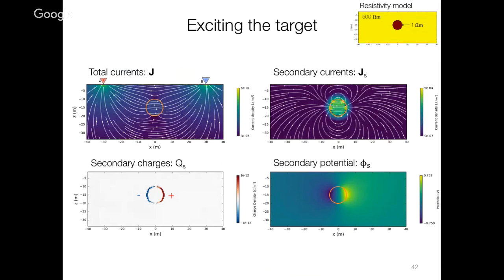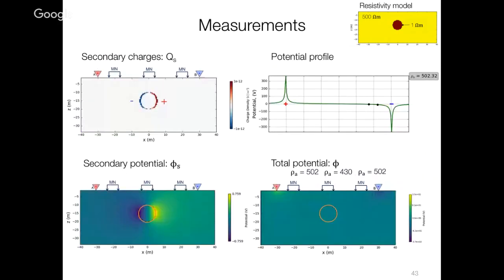So that source is pretty good. Well, the measurement is kind of intuitive, right? Because we've got these charges here, we want to put the ends of our potential electrodes in proximity to them.